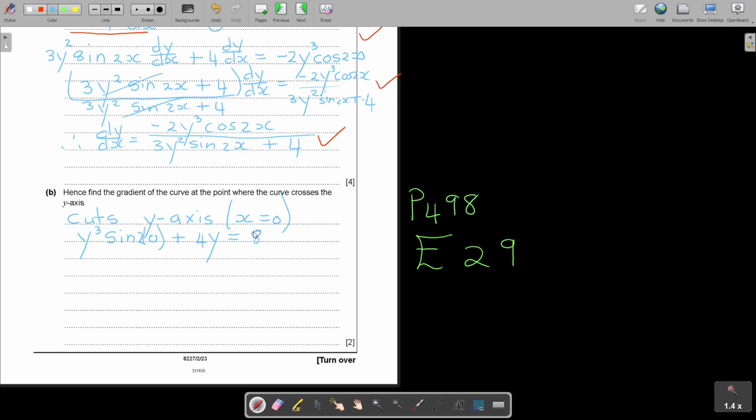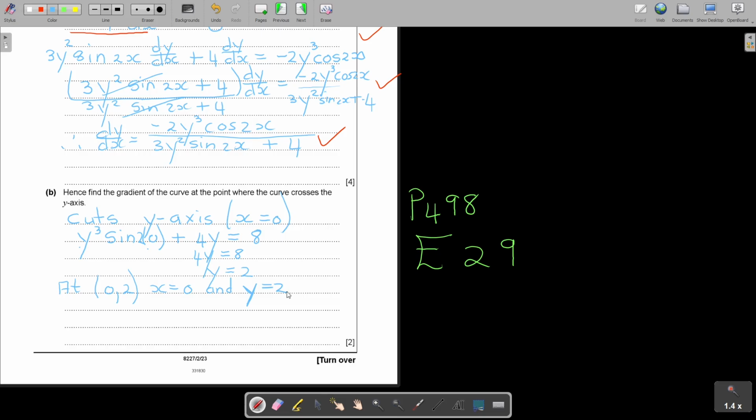Because that is 0, that becomes 0, and I end up just with 4y, which is equal to 8. And I get that the value of y is equal to 2. You can go in the textbook and see this method, what we do. So now I have the point. What is my point? It's the y-axis, so it's 0, 2. X will be equal to 0, and y will be equal to 2.